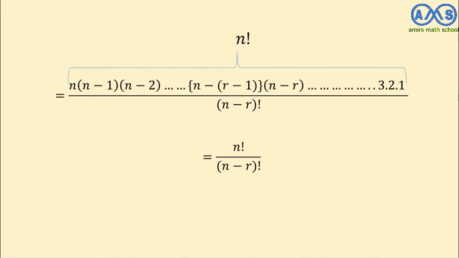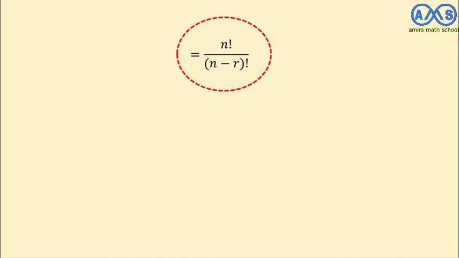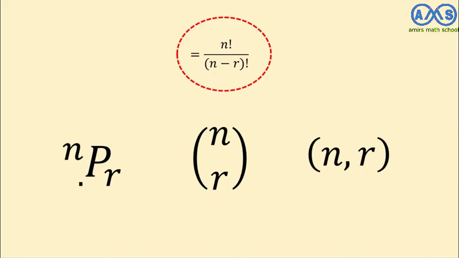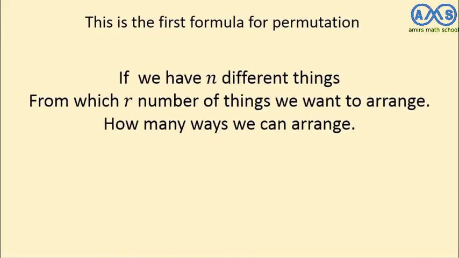So we can write n factorial divided by n minus r factorial. This is the simplified value, denoted by this notation. This is the first formula for permutation. If we have n different things from which we want to arrange r things, the number of ways to arrange them is nPr, that is n factorial divided by n minus r factorial.